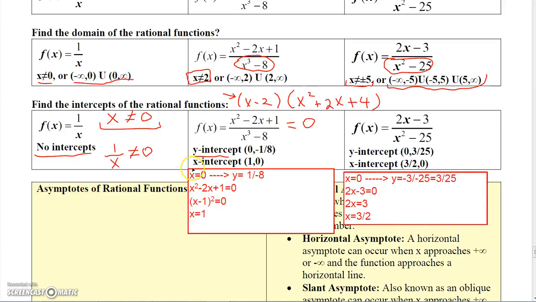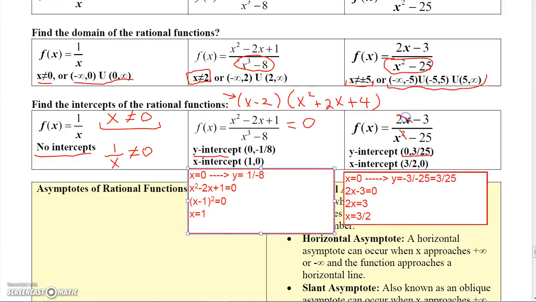So the x-intercept here is 1, 0. Now the third one, if you let x be 0 here, then this term and this term disappear, and you get minus 3 over minus 25, which is 3/25. So the y-intercept is the point 0, 3/25.